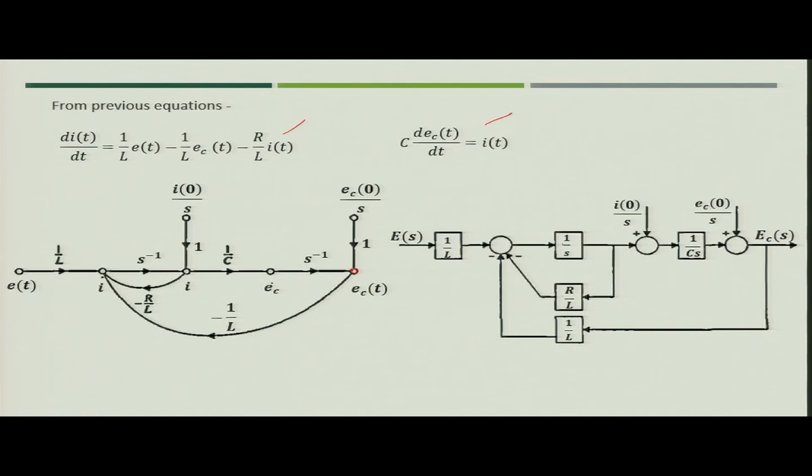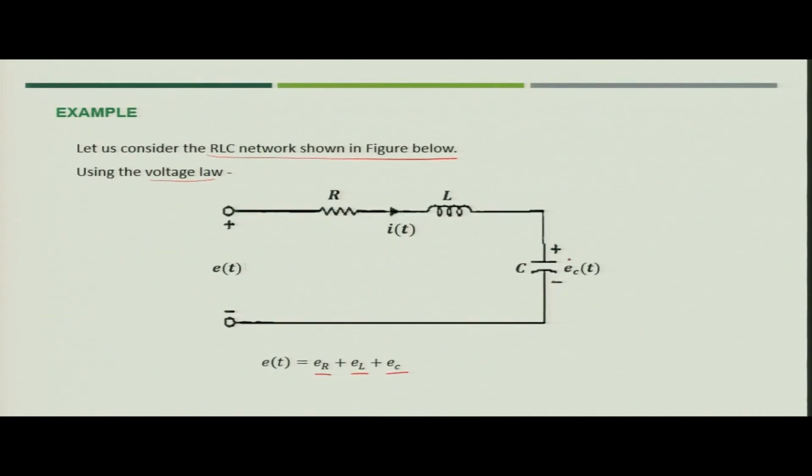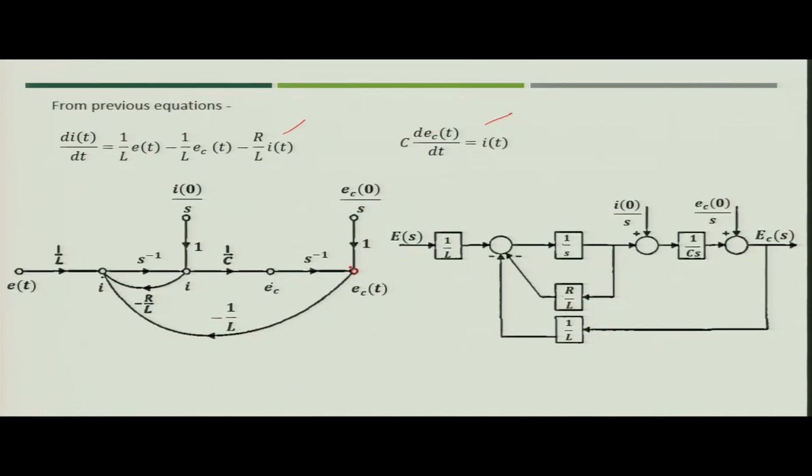The output which is required from the particular circuit is EC, so we consider EC as an output also, and then the other variable which we have is current I. So, we have got these two nodes. Then the third one is the input, ET. So, we add the node ET also.